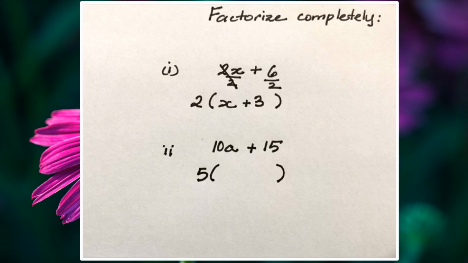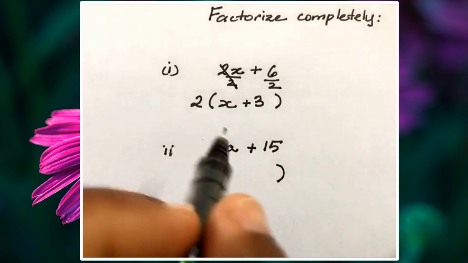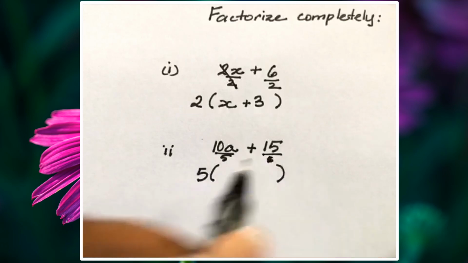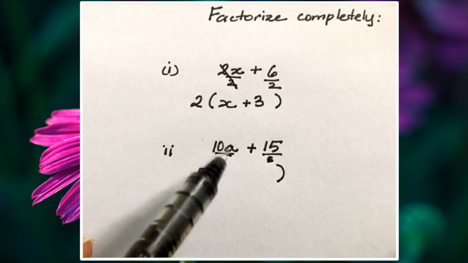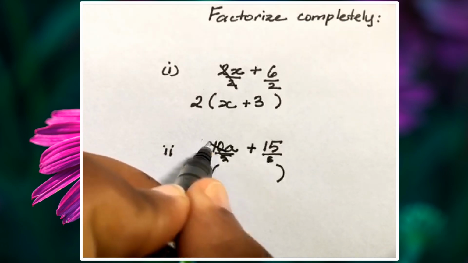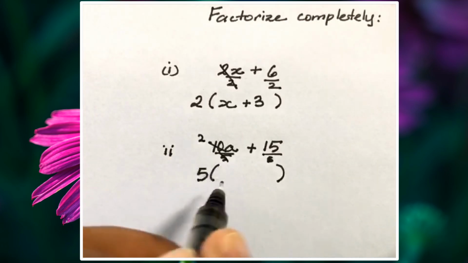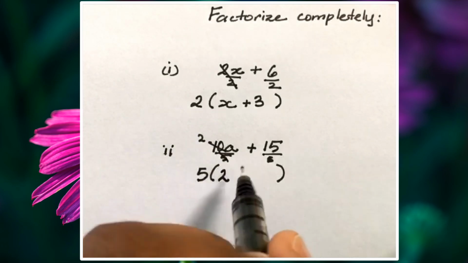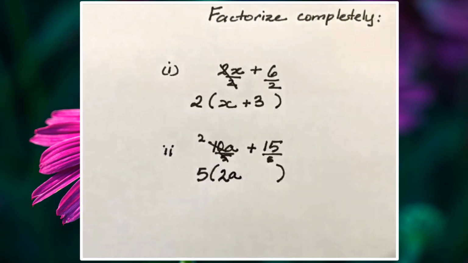To get what's going to go inside the brackets, I need to divide both terms by that highest common factor of 5. So 10a divided by 5 is going to give us 2, because 5 into 10 goes 2 times. But look, we're also left with that a. So I'm going to have 2a.